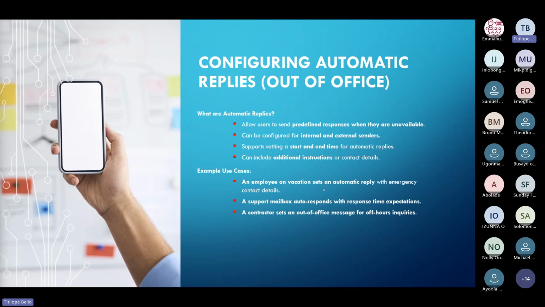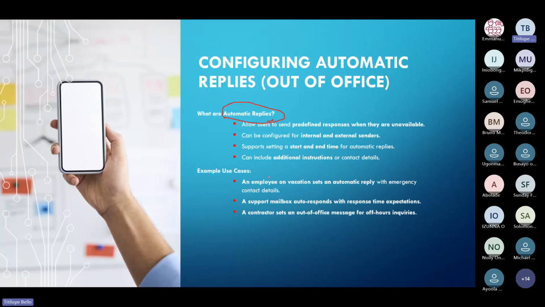The customer is aware that you are no longer working for the company, and you shouldn't be calling me again, right? Because you are no longer there. So that's one of the use cases that will warrant an automatic reply to be configured on a mailbox, right?